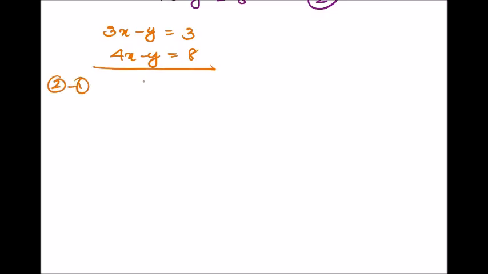Now we have two linear equations, that is 3x minus y is equal to 3 and 4x minus y is equal to 8. Now subtract equation 1 from equation 2, we will get x is equal to 5.